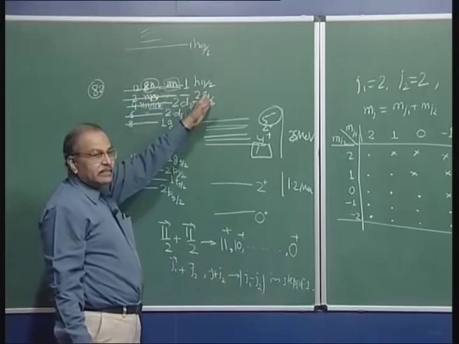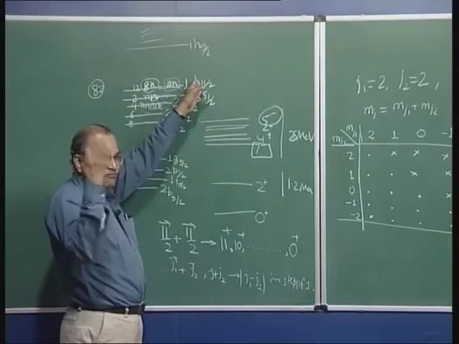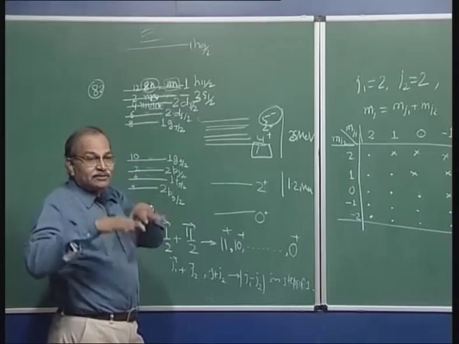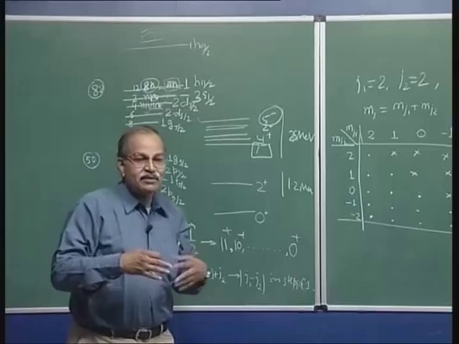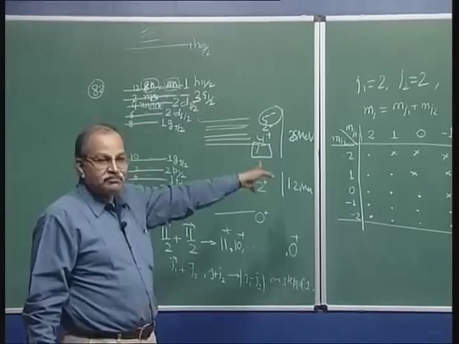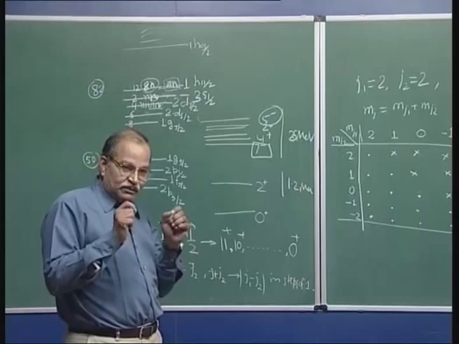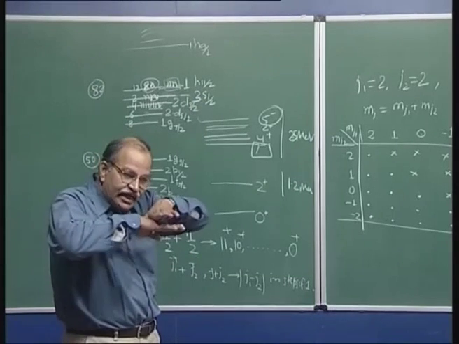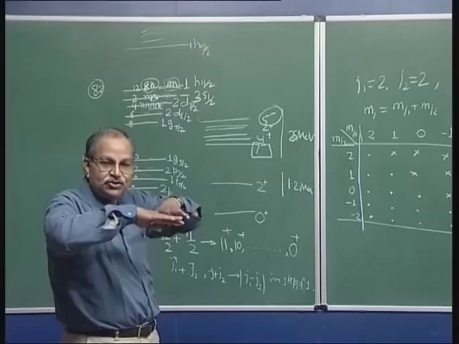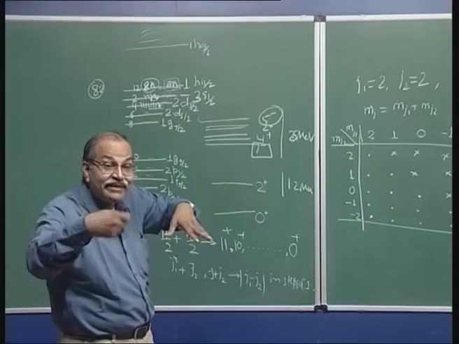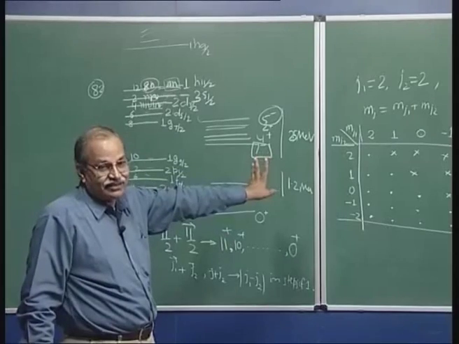For this L is 0, for this L is 5. So, in that case that identical particle rule will not come. So, if you have two similar particles in that same level, same J, same L, and then you are combining them, then you have to take care of these things.